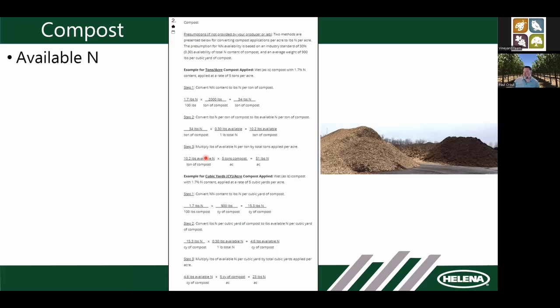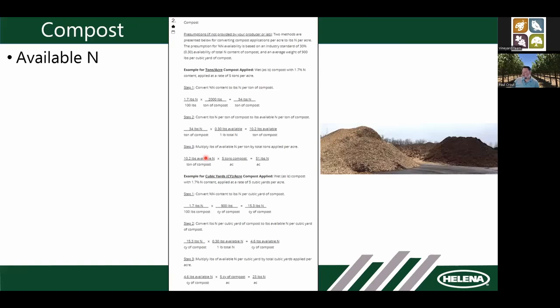So a couple things that you need is the amount of available nitrogen in your compost. You will get that information from your compost supplier. There will be an analysis of the compost, and it will give you a nitrogen content number, and it might be 1.7%. It might be 2%. It's going to be fairly low, but depending on what the compost source is, it will have different nitrogen amounts.